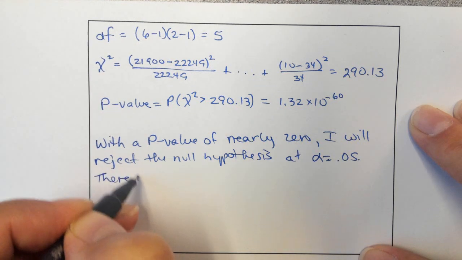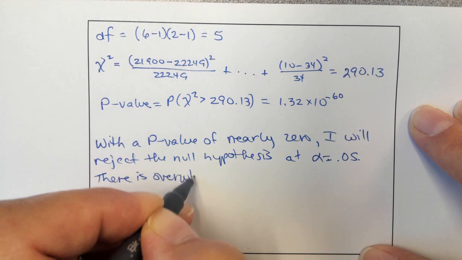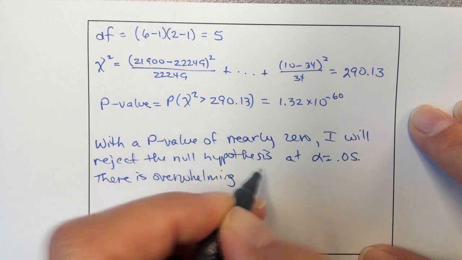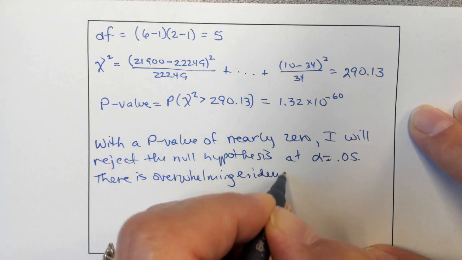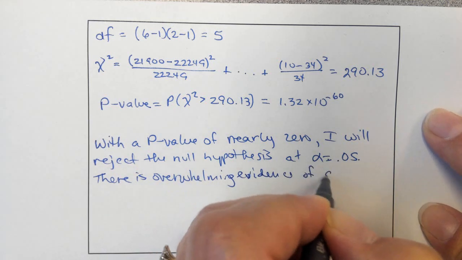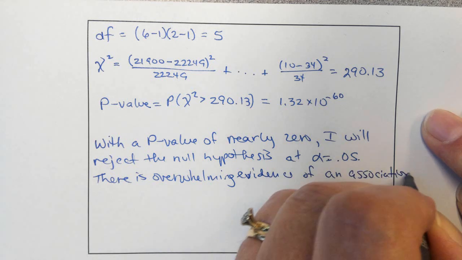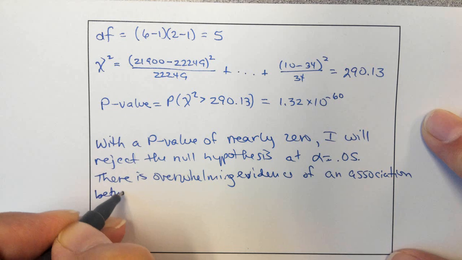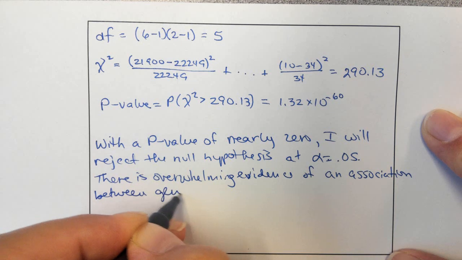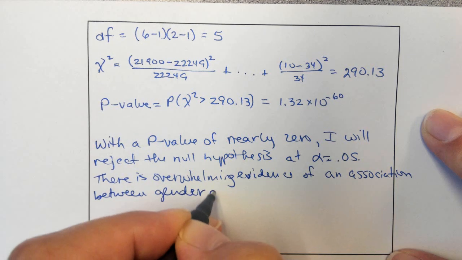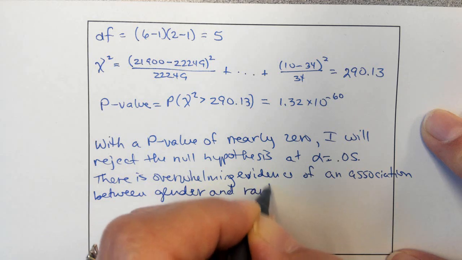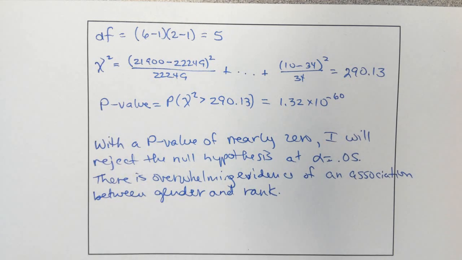There is overwhelming evidence of an association between gender and rank. Something is wrong with this picture, in other words.